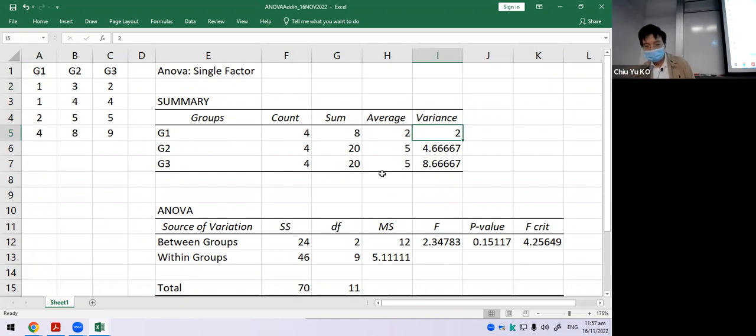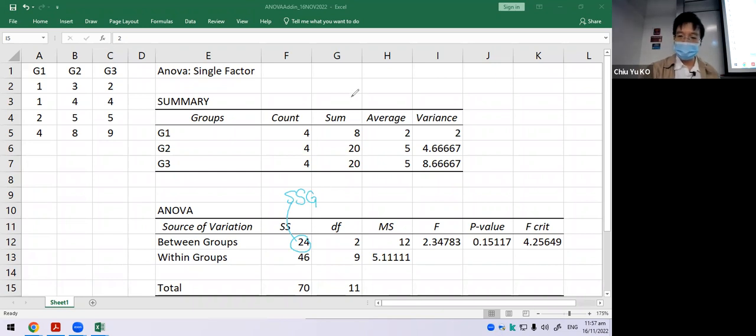Now here comes the ANOVA, which is what we cared about today. So what is this SS? By guessing, you would know this is the between-group SS, SSG.